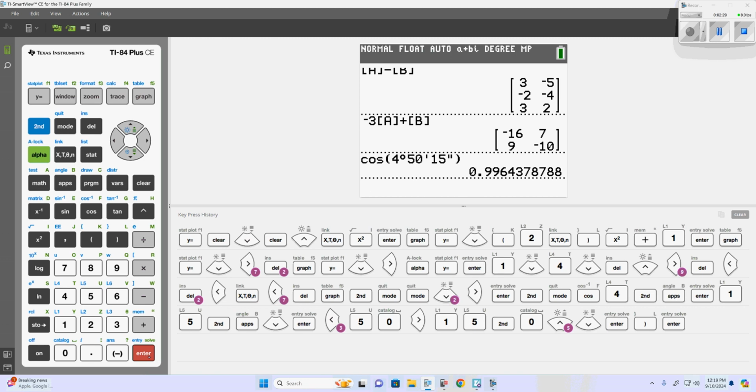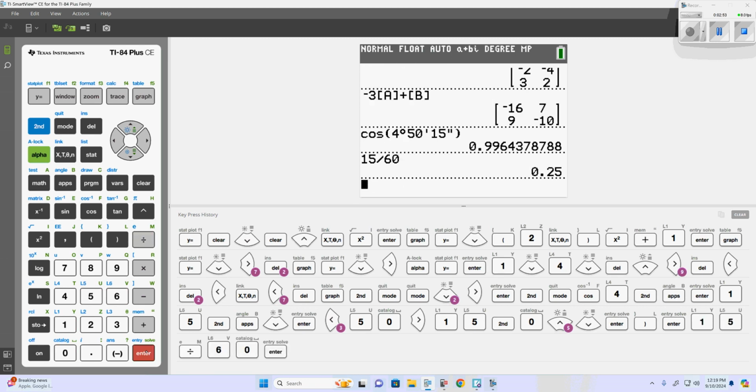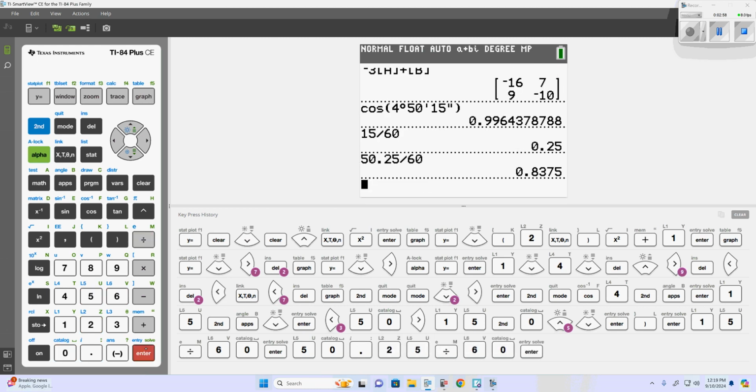So one way is to convert our degrees, minutes, seconds back into just degrees and then plug it in. Or to plug it in with degrees, minutes, seconds. Because if we converted it back, 15 seconds is 0.25 minutes. 50.25 divided by 60 is that plus 4.